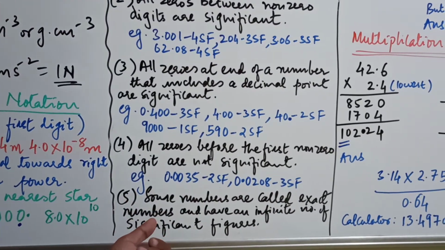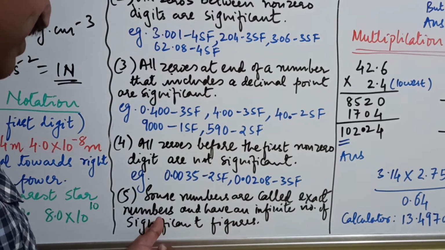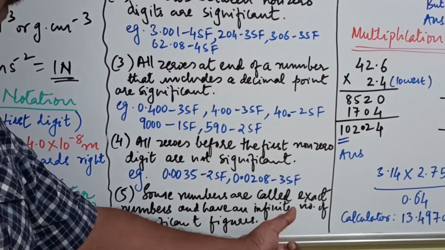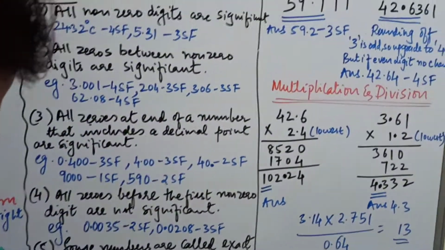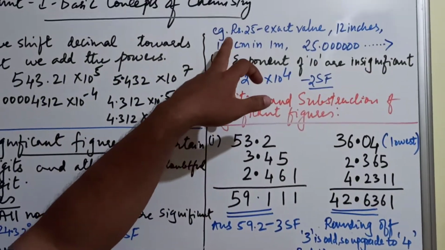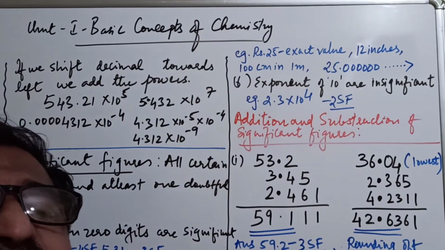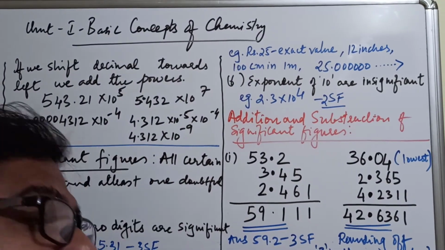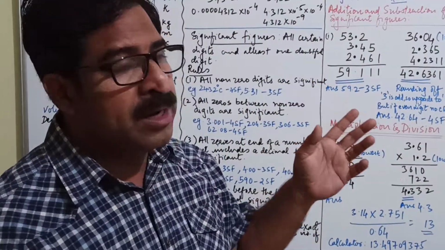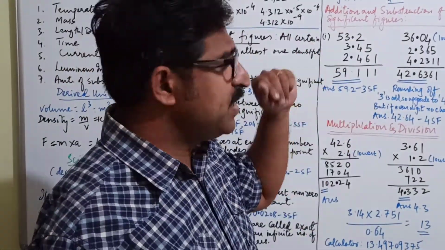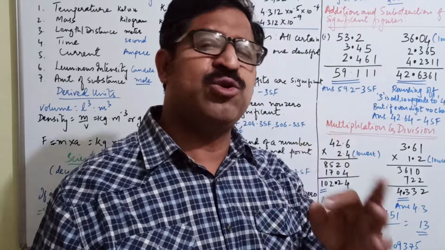Fifth rule. Some numbers are called exact numbers and have an infinite number of significant figures. How? Let us go to the example. Dear students, suppose you go to buy a pen. You say, uncle, kitne rupees ka hai? The uncle says that it is 10 rupees.